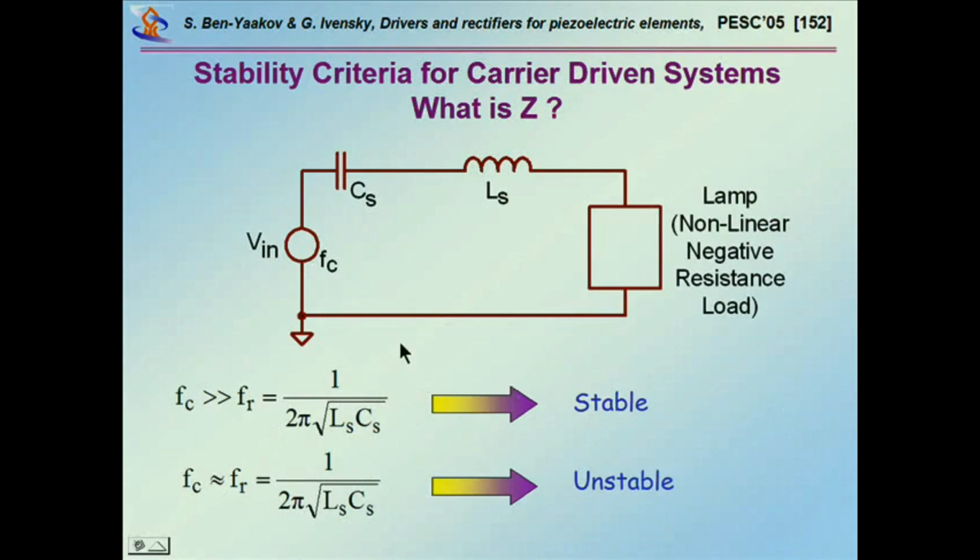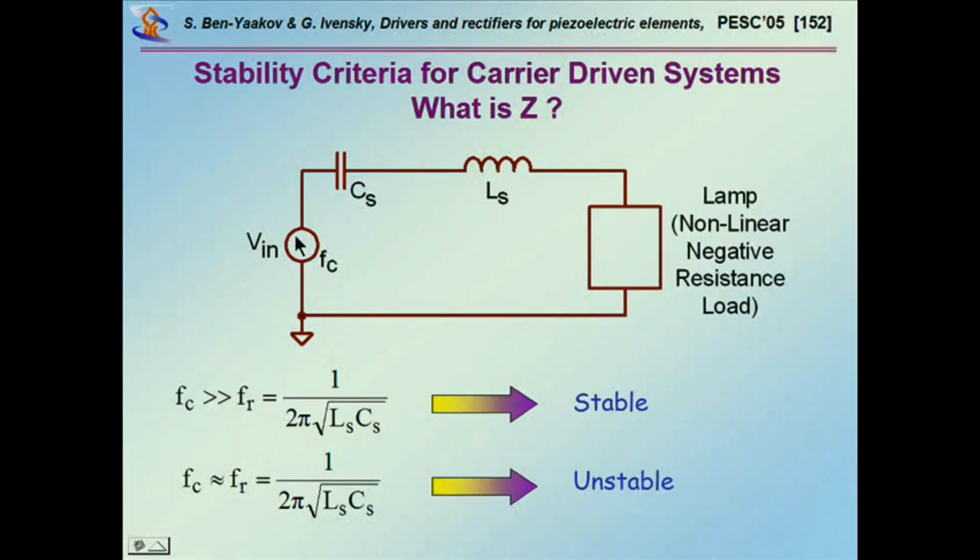Now the question is, what is the impedance we are talking about? It would look as if we have to talk about this impedance. This is like the impedance of the ballast, and this would be the impedance of the lamp. But this is not the true story, because this system is driven by a carrier.